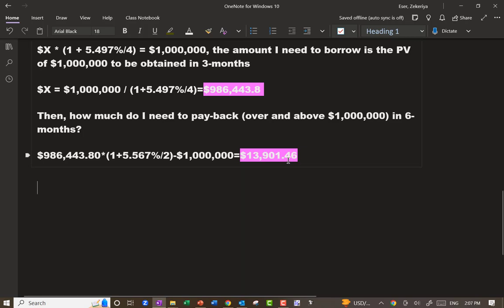So that's going to cost me, the payment that I'm going to make over and above 1 million is 13,901. So that's effectively the cost of doing what I want using the money market itself.